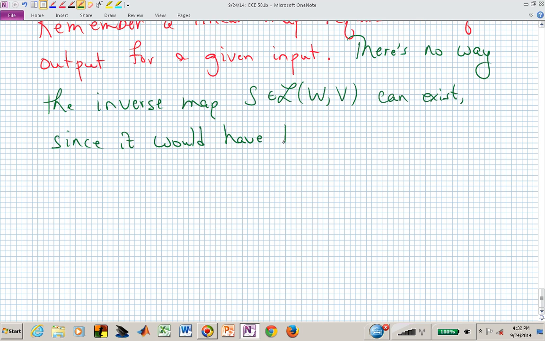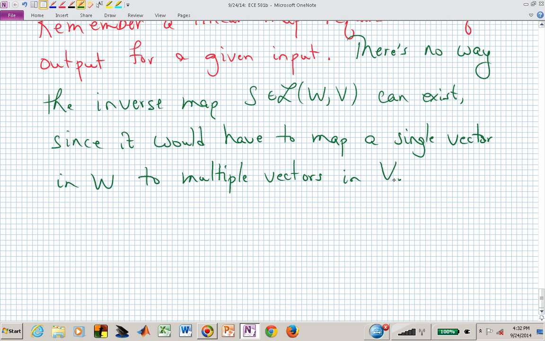There's no way the inverse map S can exist, since it would have to map a single vector in our picture, which we call W1, in W to multiple vectors in V. And it's going, where do I go?